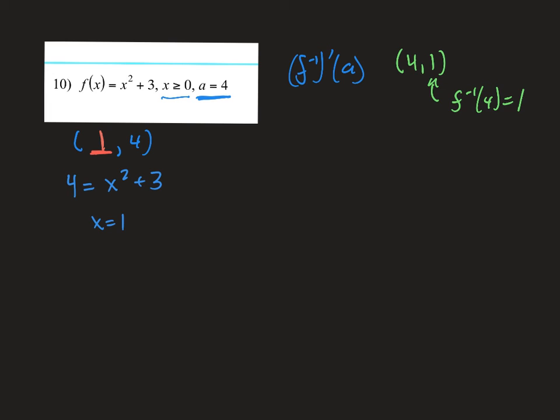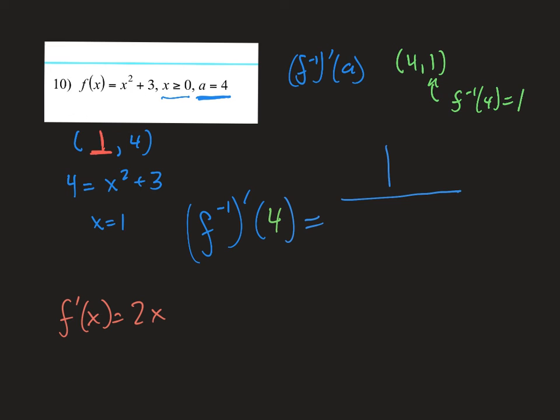So here we go. f inverse prime of 4 is going to equal 1 over f prime of x, and I can quickly see that f prime of x is just 2x plus 0. So I'm going to take f prime of x, so 2 times the x, and the x in this case is going to be 1.